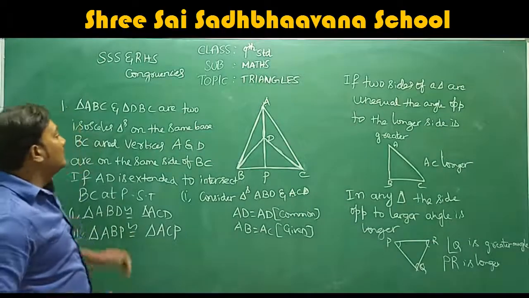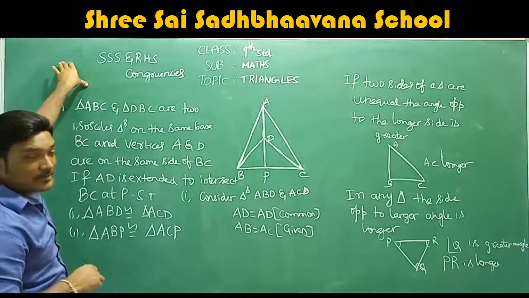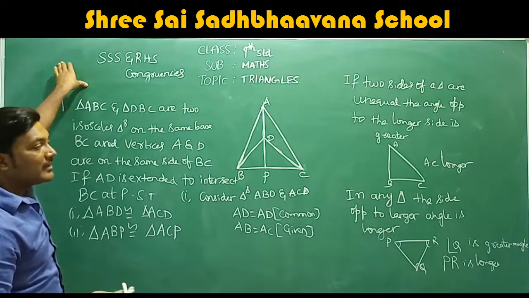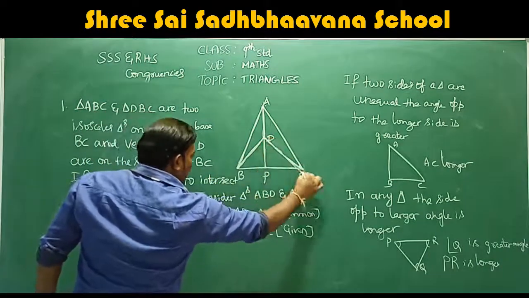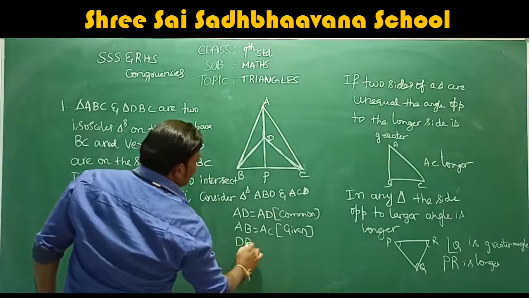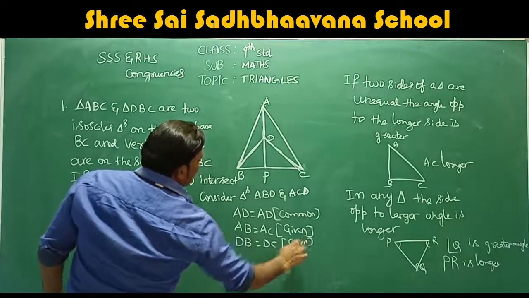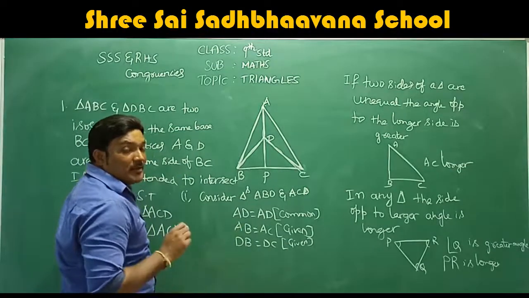And they also have given that triangle DBC is an isosceles triangle. Then definitely DB should be equal to DC. So can I write DB is equal to DC? Because that is also given. Here you observe three sides are equal, correct?